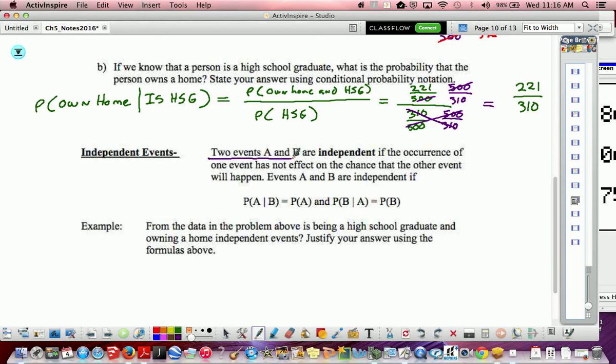If you're given two events and they're independent, it means the probability won't change, or the given information should not change your probability. So if I flip a coin and I get a heads on the last coin toss, does that impact me getting heads on the next coin toss? No, doesn't impact it.